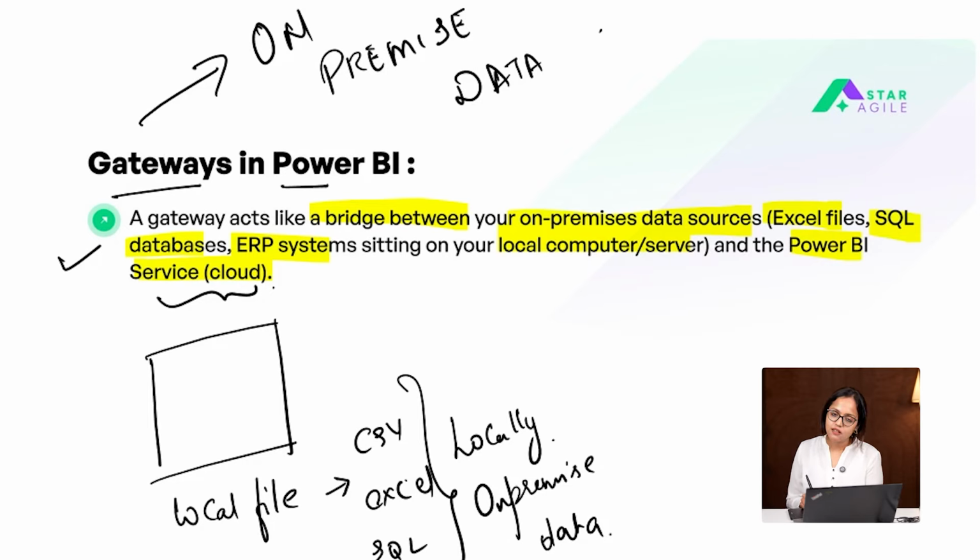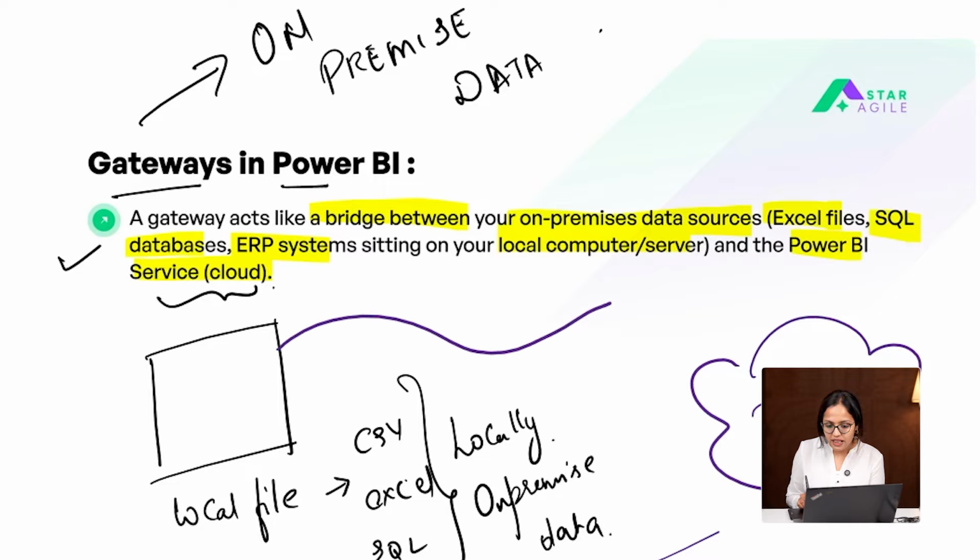So this is the place where you have your data set, right? And this is your Power BI cloud. So let me just draw a cloud. This is a cloud, okay? So this is your PBI service. Now, for you to publish the report or to set a refresh, to make sure that it's updated, don't you think this needs to be connected to this? Yes.